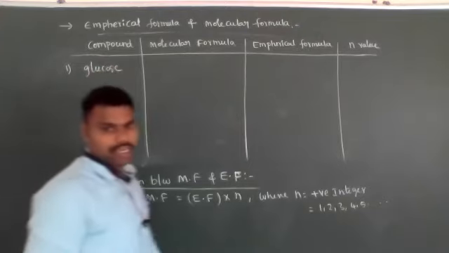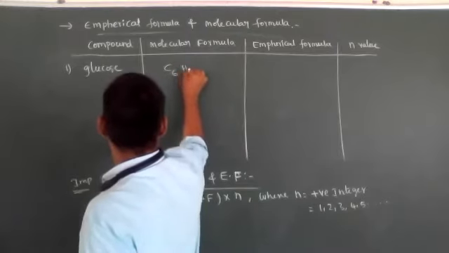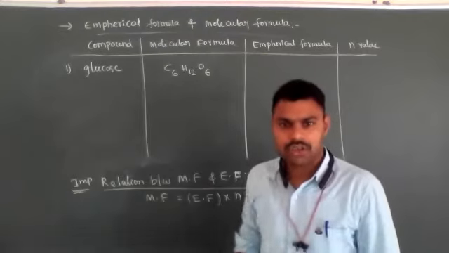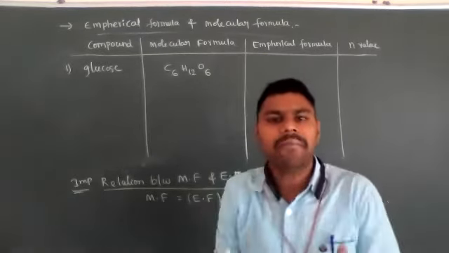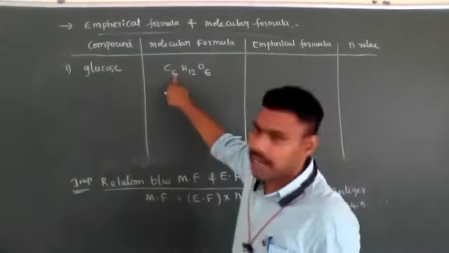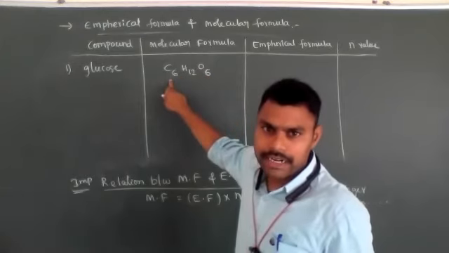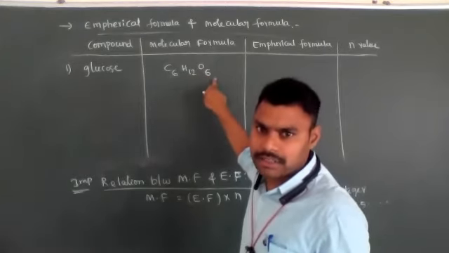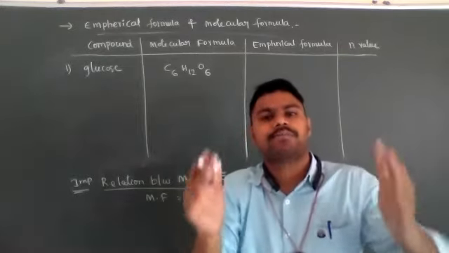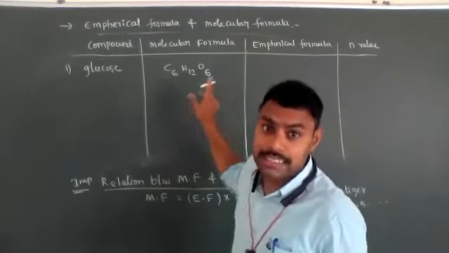What is the glucose molecular formula? C6H12O6. Is it correct? Molecular formula means the exact number of atoms of different elements, carbon atoms, hydrogen atoms and oxygen atoms, present in one molecule of the compound.